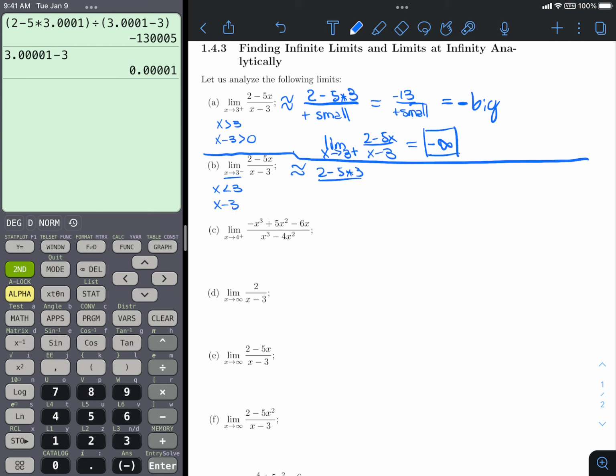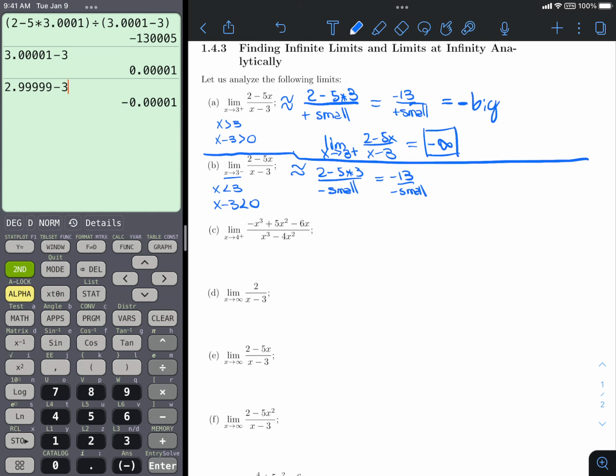So x minus 3 is less than 0, which means it's negative, but still very small. So it's like I was doing 2.9999 or something minus 3. It's very small still, but now it holds a negative sign, so it's minus something small. So that's a minus 13 over minus something small.